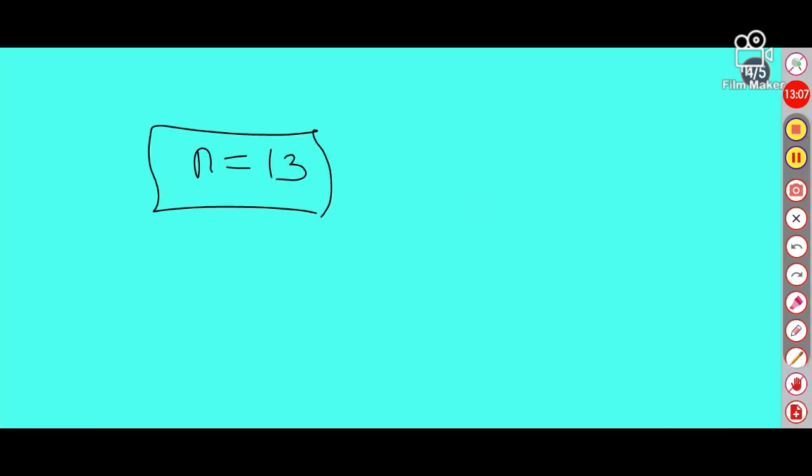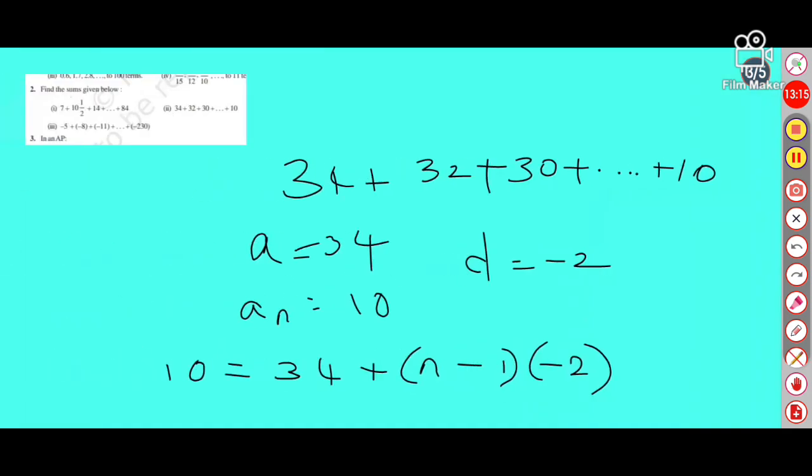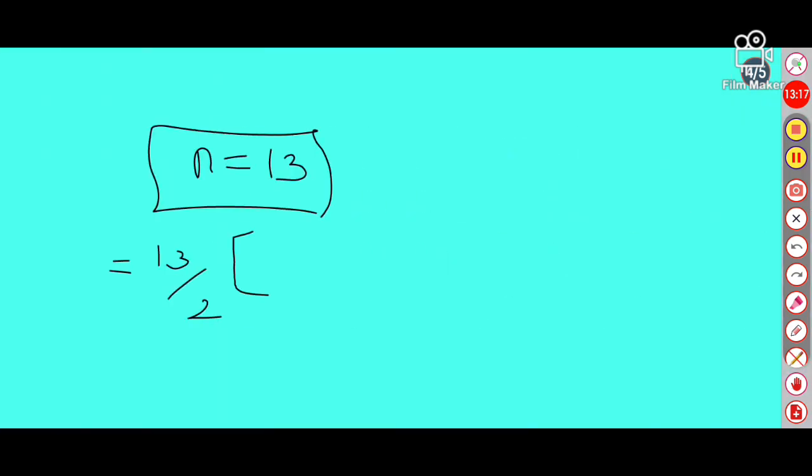Again, with this we can easily substitute in the formula 13 by 2 into a plus an, 34 plus 10. These are the formulas which we discussed in the previous classes. 34 plus 10 is 44, 22, 13 cross 22.